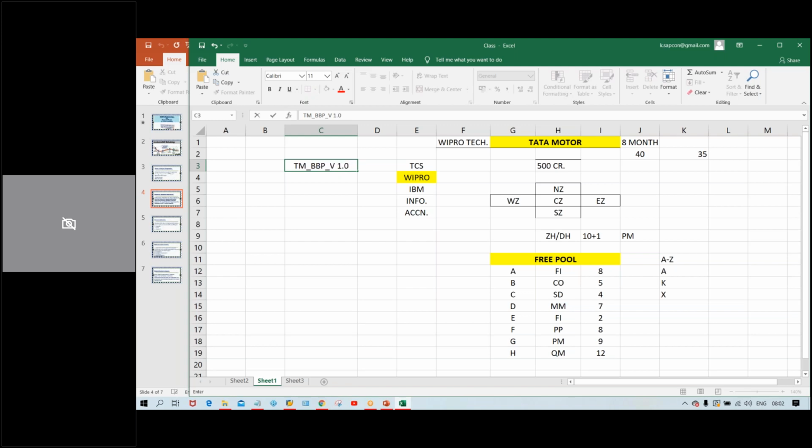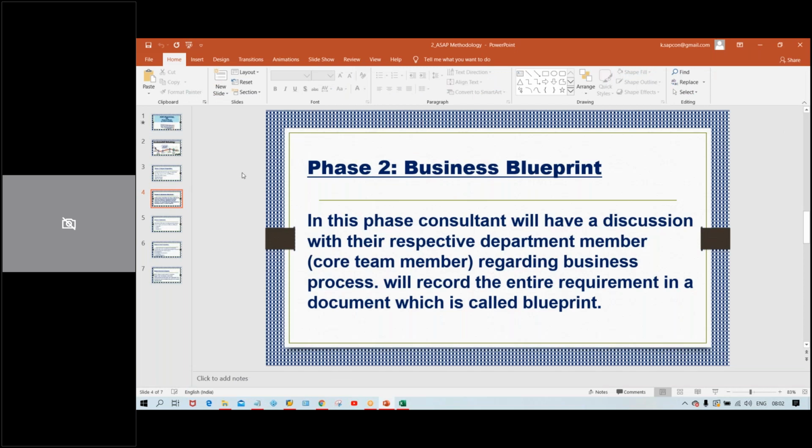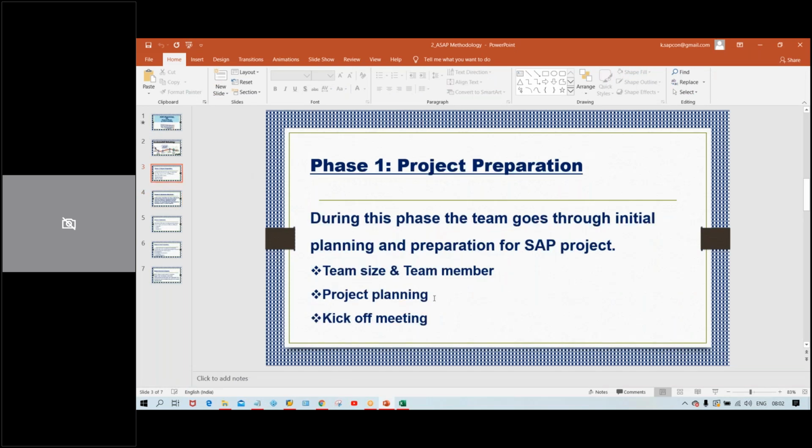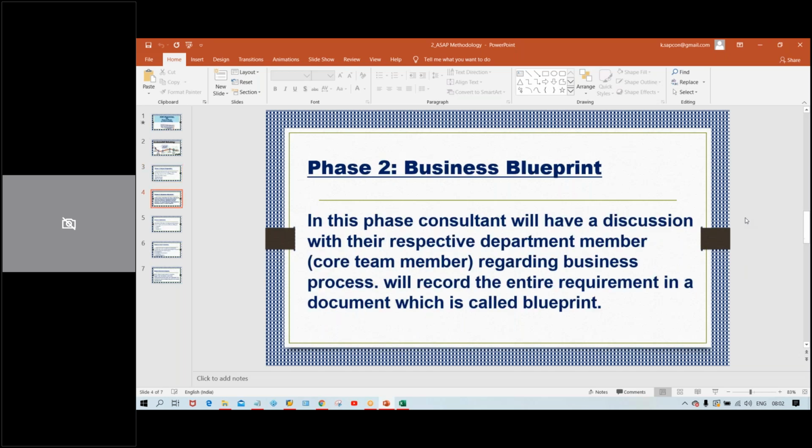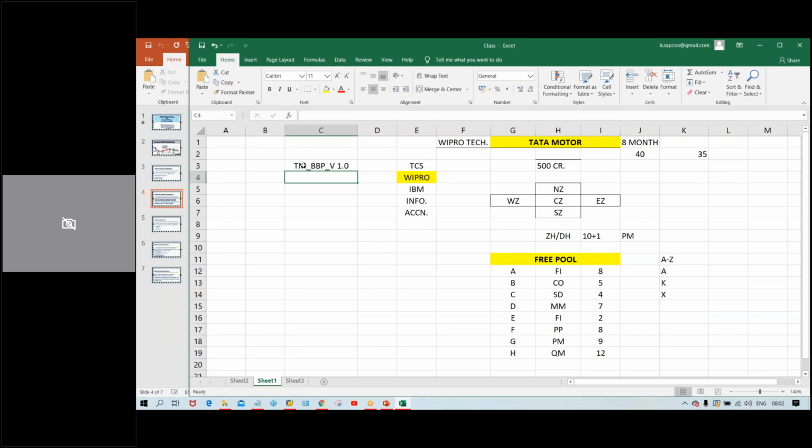Okay, let's suppose this is the name of this document. So now what should be the nomenclature? As I told you guys, all these things are going to be decided earlier by the project manager under the project planning activity, right? So now here everybody has to follow this nomenclature. Let's suppose, and there'll be one more thing.